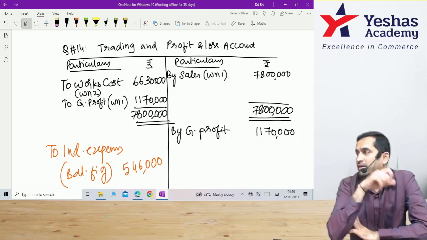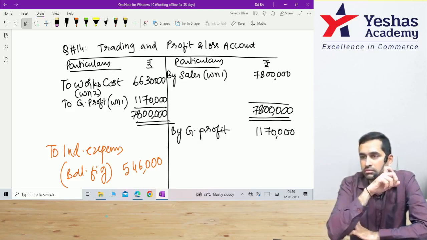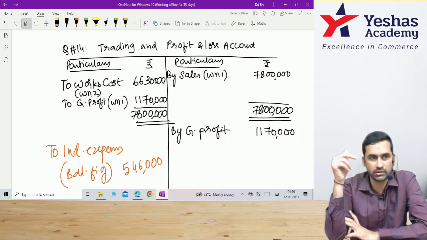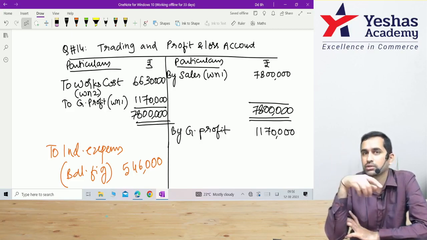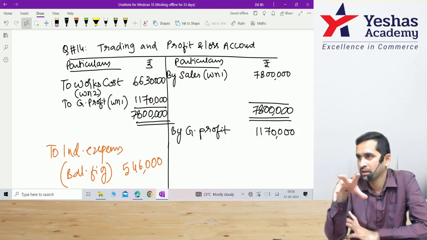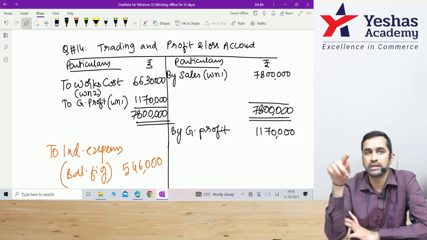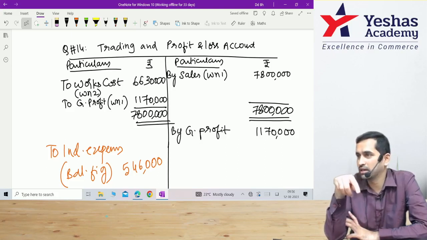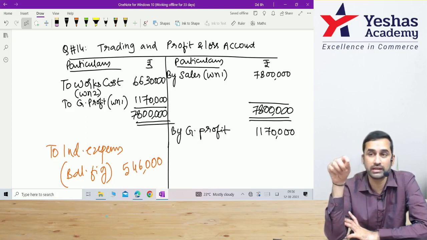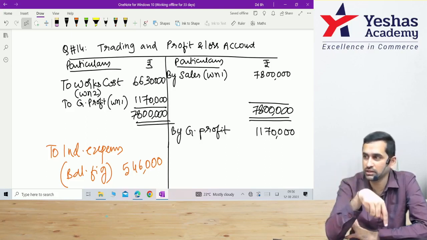What comes after net factory cost? Can somebody continue that cost sheet format discussion? After net factory cost, what do you do? Office and administration overhead if related to production. If that is not given, then net factory cost itself is cost of production, and then you add opening FG, deduct closing FG, and that is what you call as cost of goods sold, and that number itself is works cost in this question.